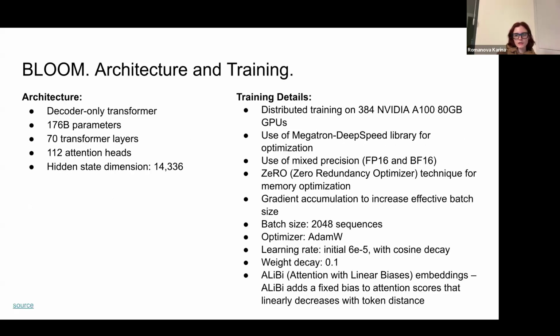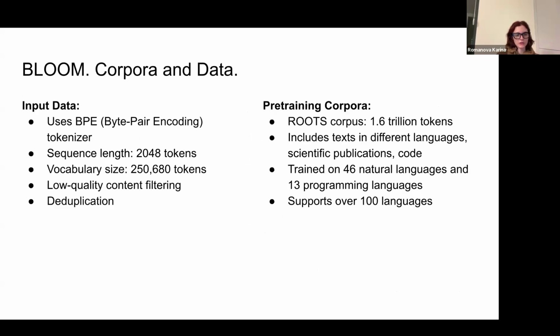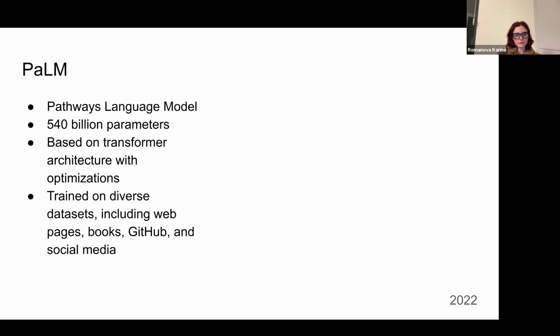They also wanted this model to be optimized, and in this case they started to use mixed precision, techniques for memory optimization, and other things. So if you haven't got questions, we can move on to the next architecture.